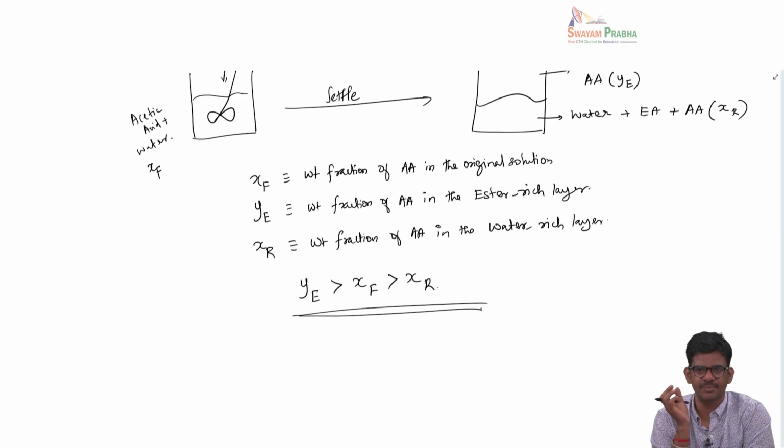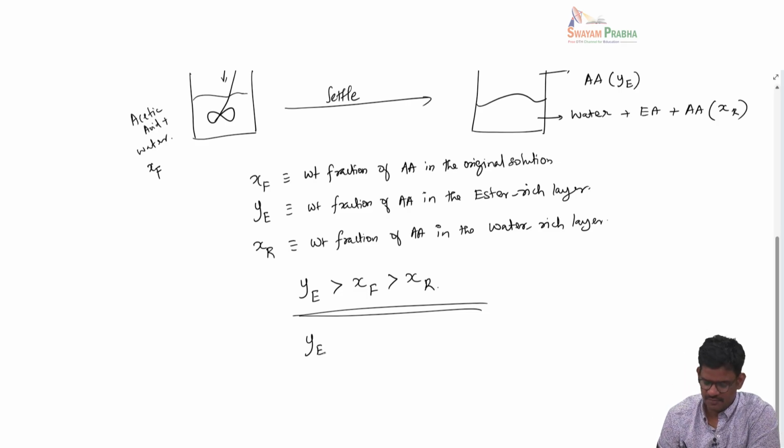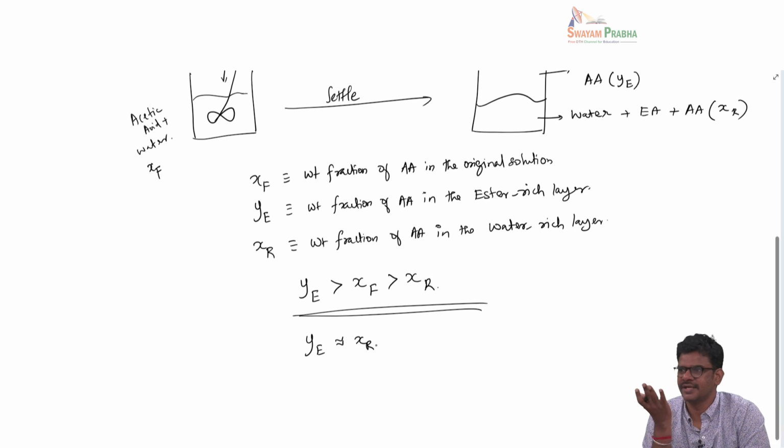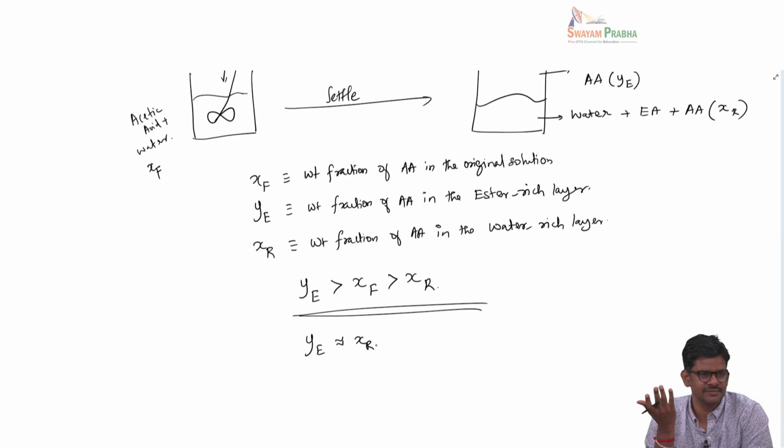So, some level of separation is then possible. Suppose YE is almost the same as XR, what it means is that the acetic acid weight fraction in the ester layer and water layer are very similar, then we have not really achieved any separation.